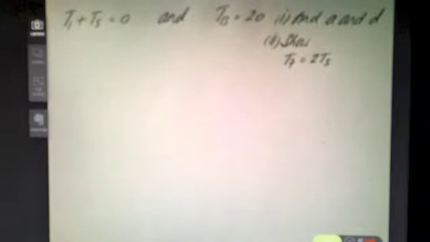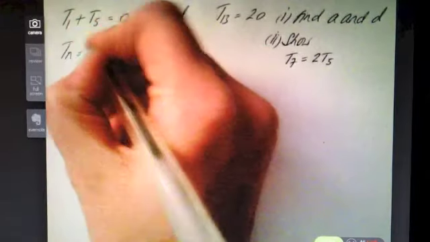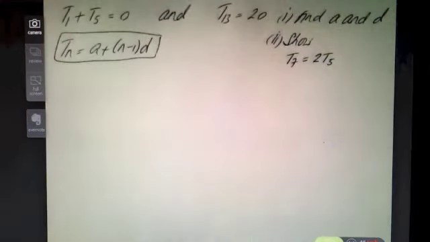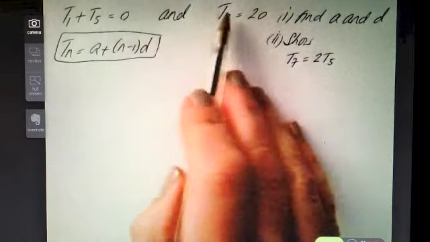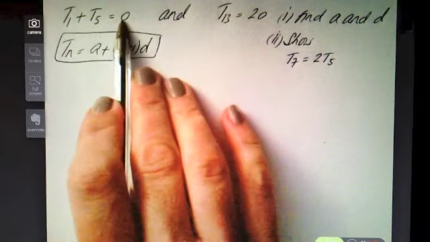So I'm going to start, as always, with writing out what I have in my log tables. Tn equals A plus (n minus 1)d. And I'm going to just fill in the information I'm given as best I can.